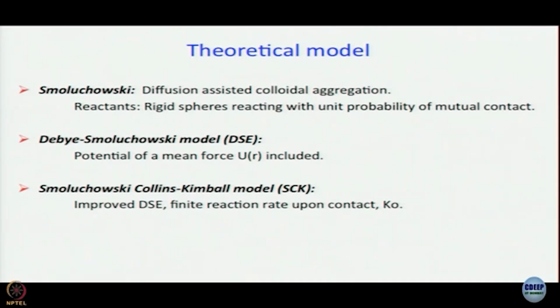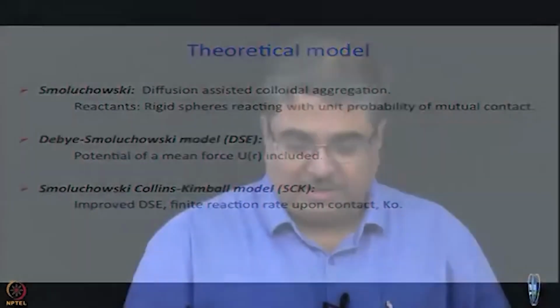Then in the next step, the Debye-Smoluchowski model dealt with the potential of mean force method to address the same problem. And the Smoluchowski, Collins, Kimball model, of course, these are names of stalwarts. I think everybody has heard these names. Anybody who has done MSc physical chemistry would definitely have at least heard these names, if not studied their work.